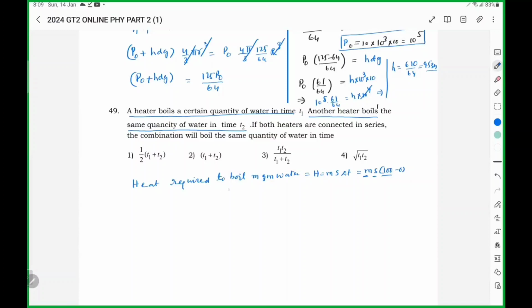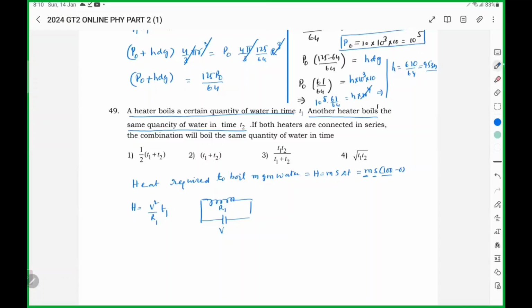So that water gets heated up with the help of a coil whose resistance is R1, connected to a battery of potential difference V. So heat produced is V square by R1 times T1, using one coil to boil water. Time required is T1 seconds.